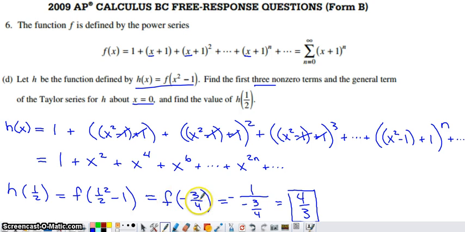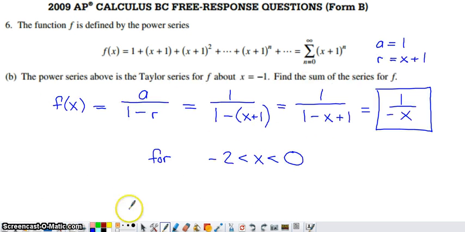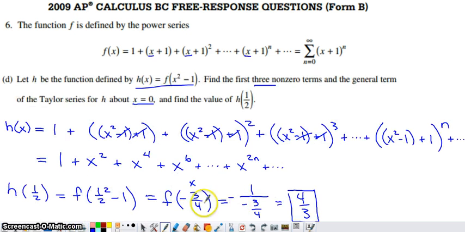What's f of -3/4? Well, you could either try to use the series to find that out, or since this x value that's in f, this input for f, is within the interval of convergence that we specified in part A and part B, right? -3/4 is part of that interval of convergence.